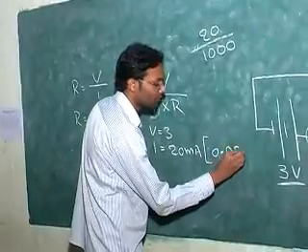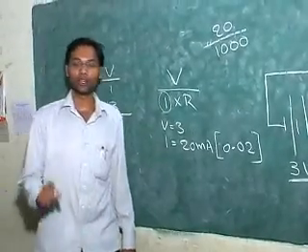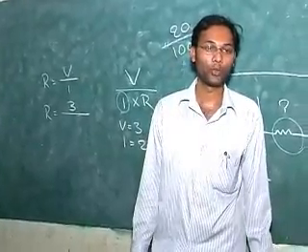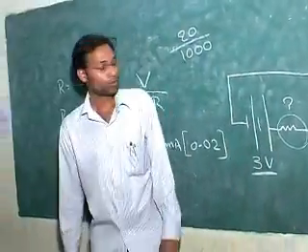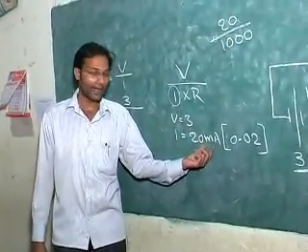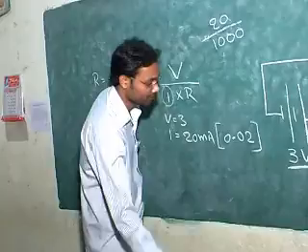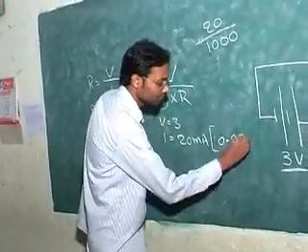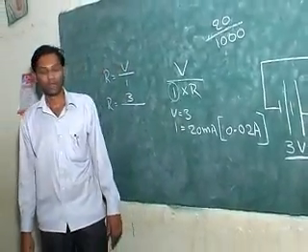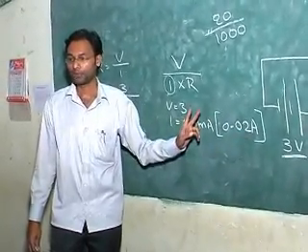0.02. If you have a calculator, you can calculate it very fast. How much value did you get? 20 milliamps and 0.02 amps, both are the same.